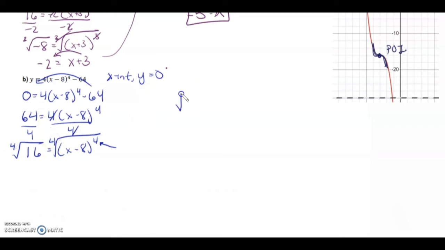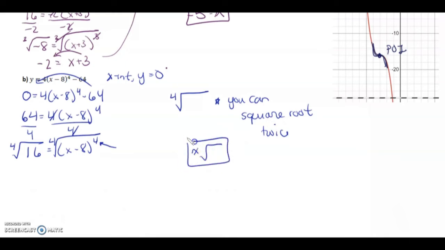By the way, a 4th root, you can square root twice. I know a lot of you guys have this button on your calculator, and you have to put a 4 in first, then the button, and then the number, and it's sometimes uncomfortable. Well, you can just square root.